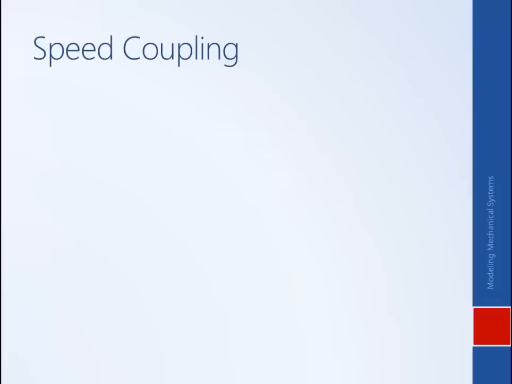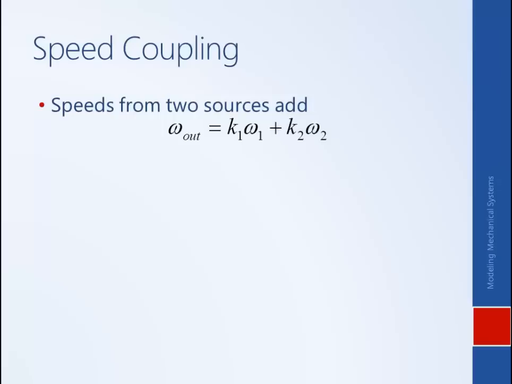Another type of device that we can use to combine the two different power plants is what we call a speed coupling device. So again, if we still begin with our original equation where we were assuming power was conserved, where we had T out times omega out equals T1 times omega 1 plus T2 times omega 2. If we divide through by T out, we get that K1 is equal to T1 over T out, and K2 is equal to T2 over T out.